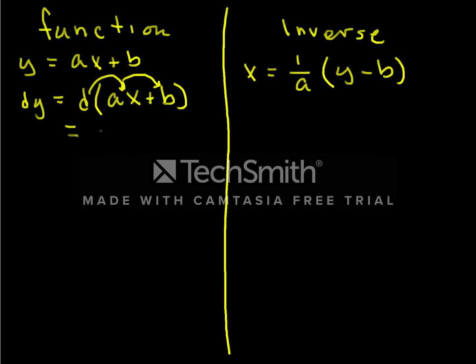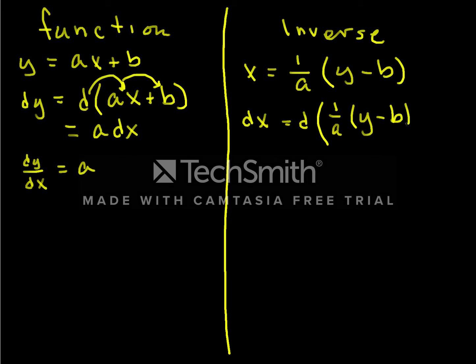So in the end, I get that dy/dx is simply a. Over here, if I take the differential of 1 over a times y minus b, similarly the differential passes past the constant, and the differential of b is of course 0, and I get that this is simply 1 over a dy.